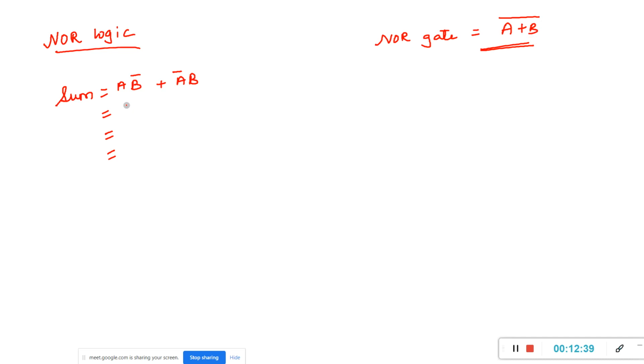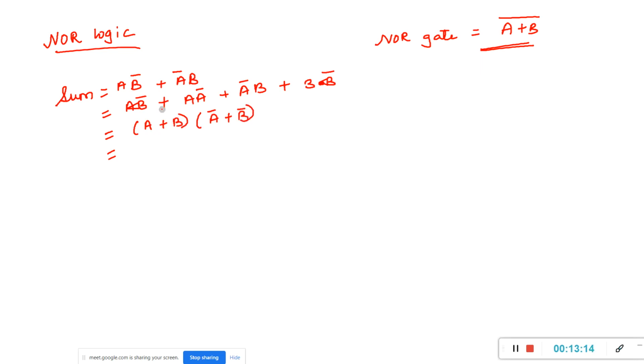So rewrite this again as A B bar plus A bar B, plus, I can write, A A bar which is nothing but 0, plus B B bar. Okay, so this one, what I will do is I'll take it as A plus B and A bar plus B bar.